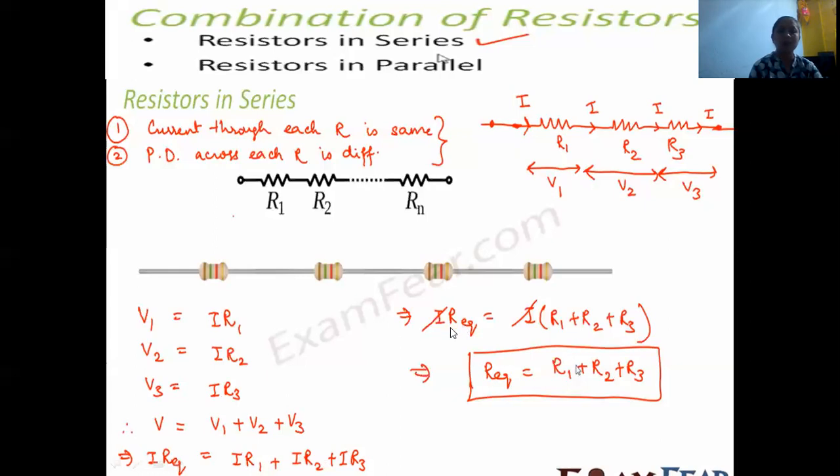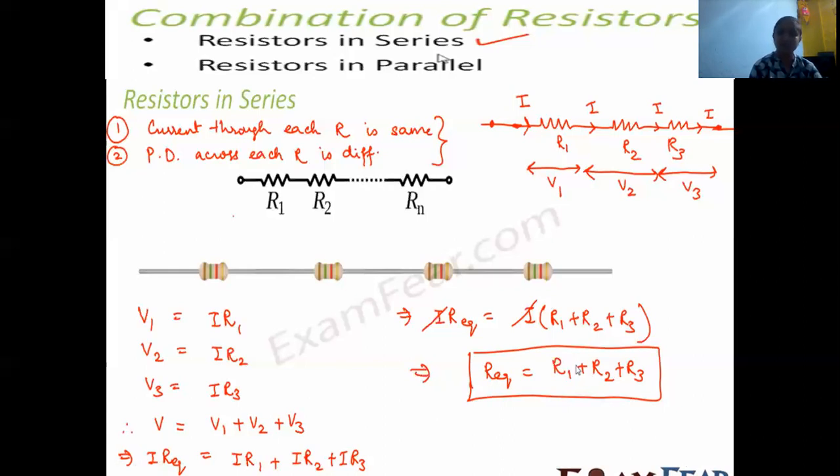Now I is common in all three terms, so I and I get cancelled. So what will be the answer? R equivalent is equal to R1 plus R2 plus R3. So here we got the mathematical expression for series.